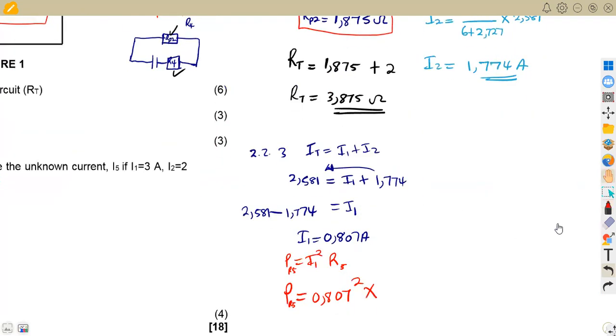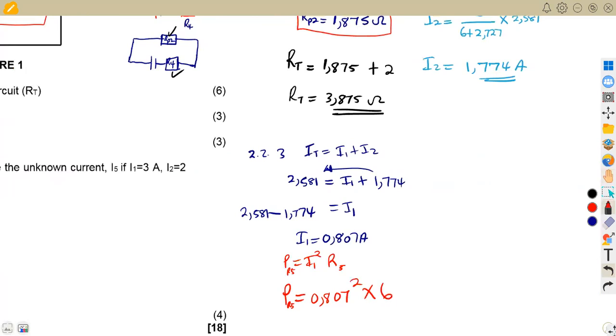So you multiply by the resistance. That was the concept there. All right, so you are going to obtain something like 3.907 watts in this case.